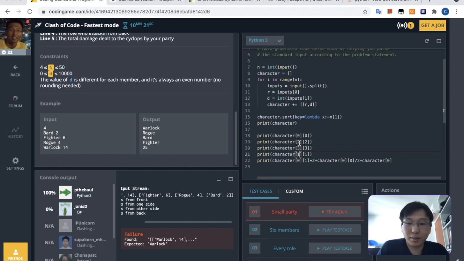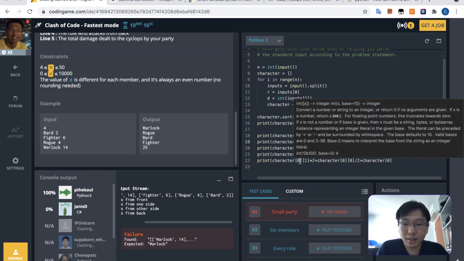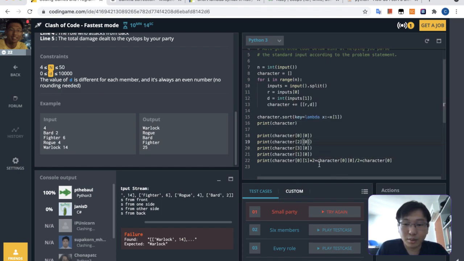This should be 3 and 1. This is index 0, and this one is character[0][1]. The one at the back is character[1][1], which is the one that does double damage.